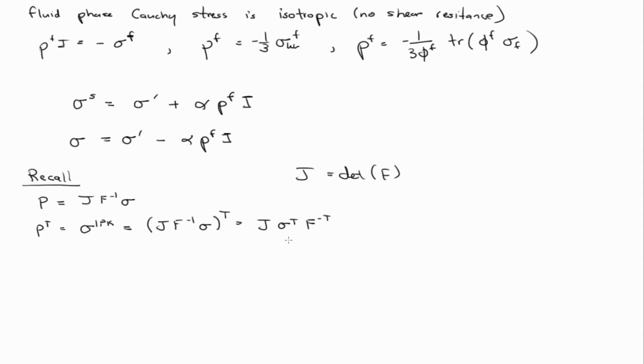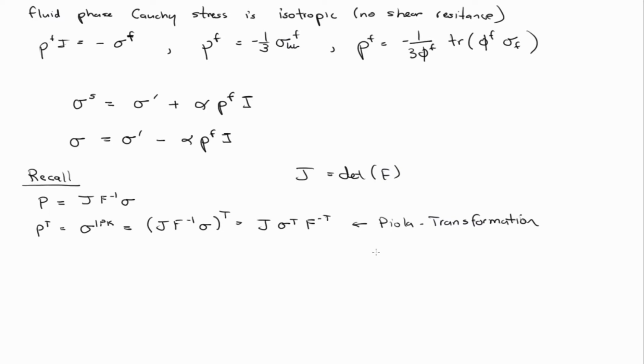Well, I didn't name it at the time, but this is called the Piola transformation. I'm giving it a name now, so in the future, if I say Piola transformation, this is what I'm talking about: multiply by J and F inverse transpose on the right.